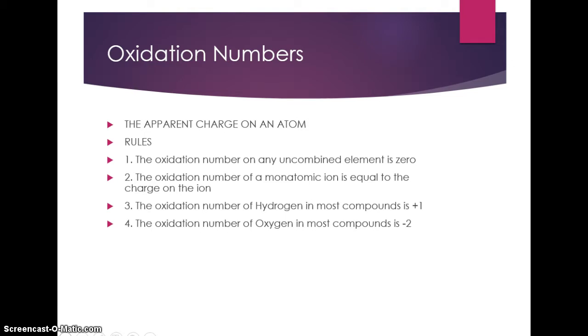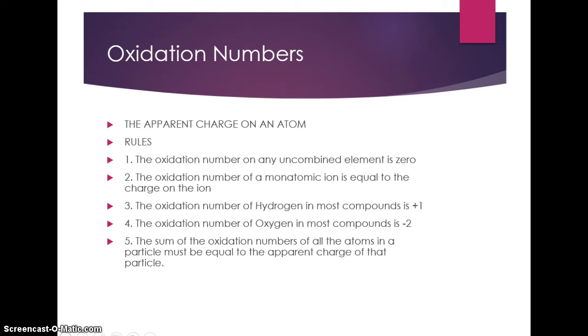The one notable exception with oxygen is peroxide. And then finally, the sum of the oxidation numbers of all the atoms in a particle must be equal to the apparent charge of that particle. We use the word particle because if it's a compound and it's neutral, then the oxidation numbers must equal 0. If it's an ion and it's charged, then the sum of the oxidation numbers must equal that charge.